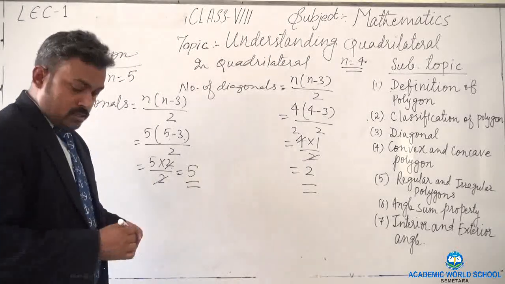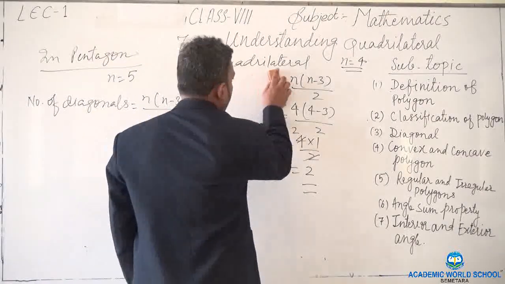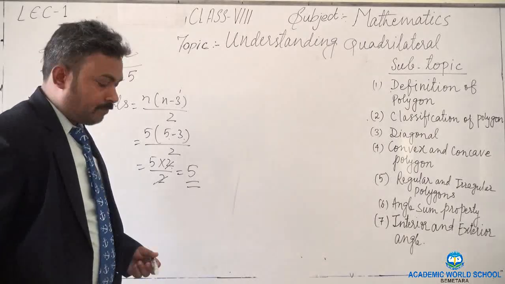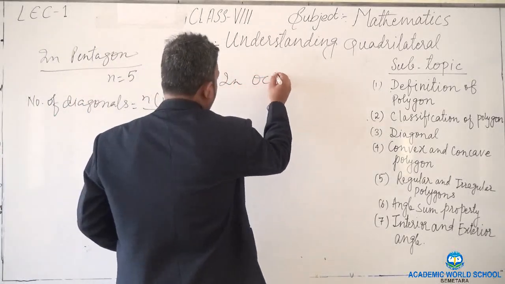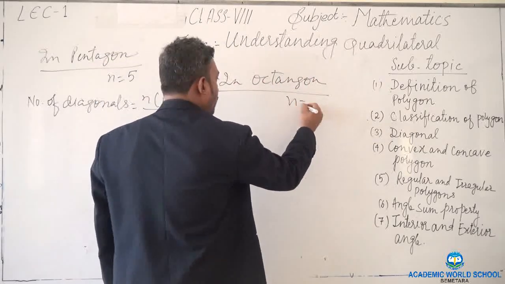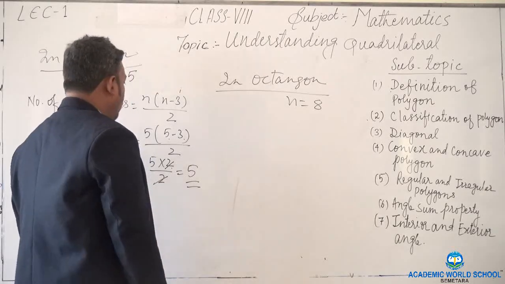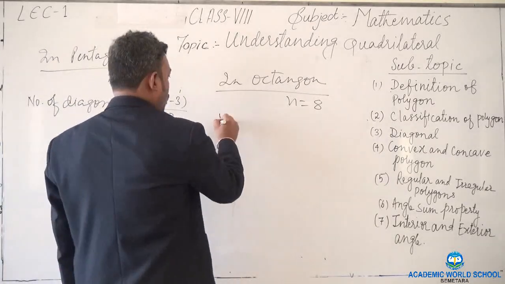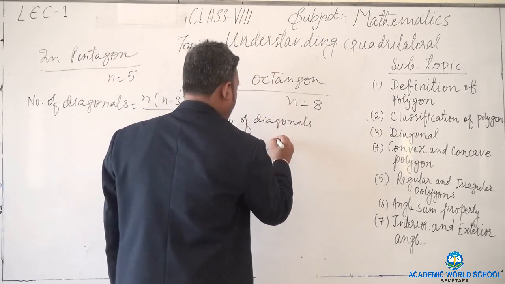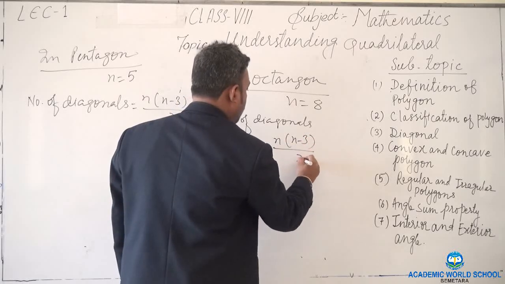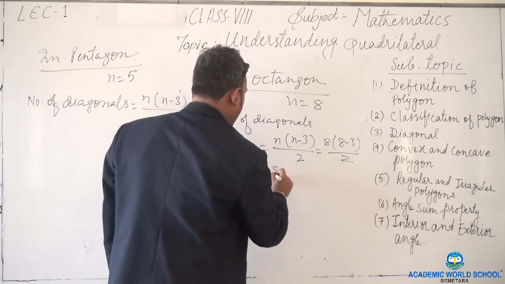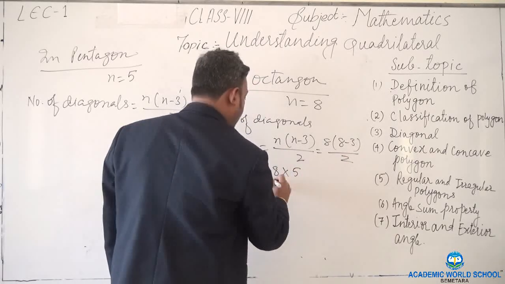Number of diagonals in an octagon. In an octagon, the number of sides will be 8, right? So the number of diagonals will be n into n minus 3 by 2, which means 8 into 8 minus 3 by 2. 8 into 5 by 2.